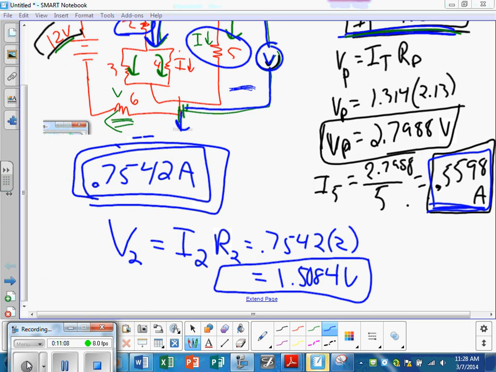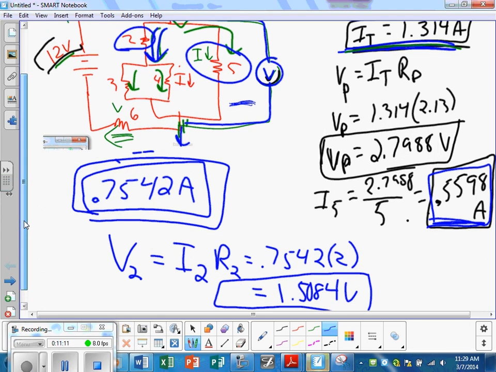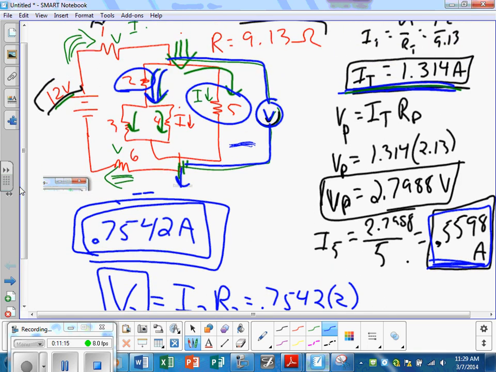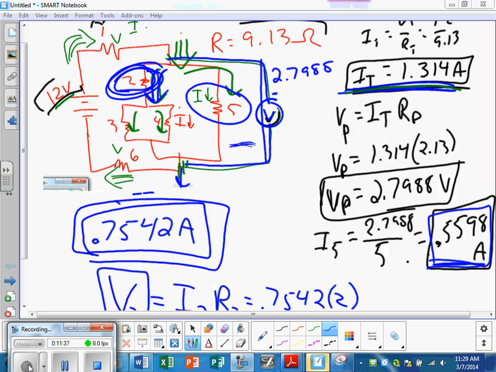Okay, so the question is, which voltage is this? Well, this is the volt drop across the 2 ohm resistor here. Okay, so what does that do for us? Okay, so what we do with that is we take this total volt drop of 2.7988 that goes across this whole entire piece, and we subtract the amount we lost there, which is 1.5084.